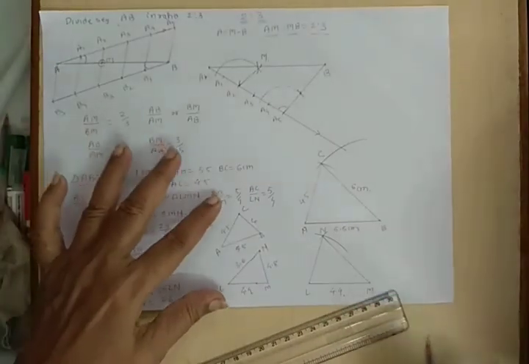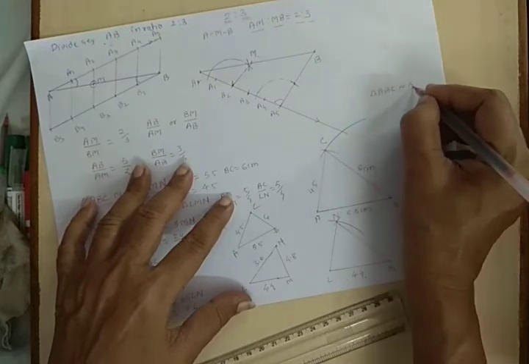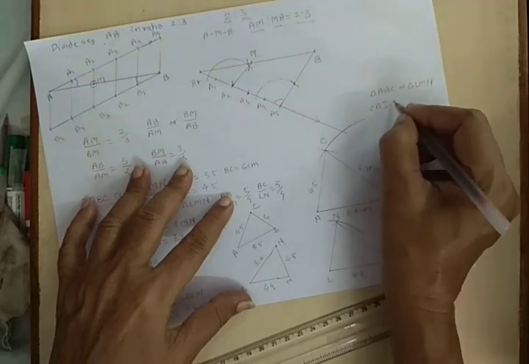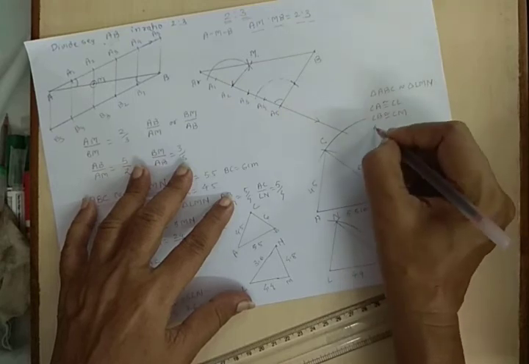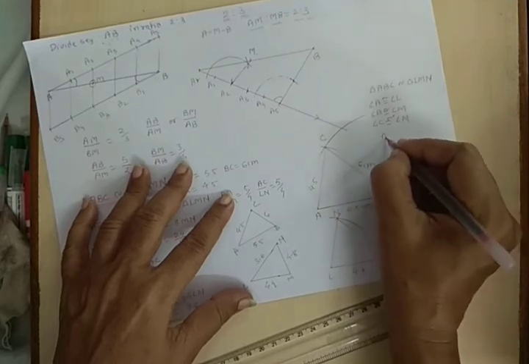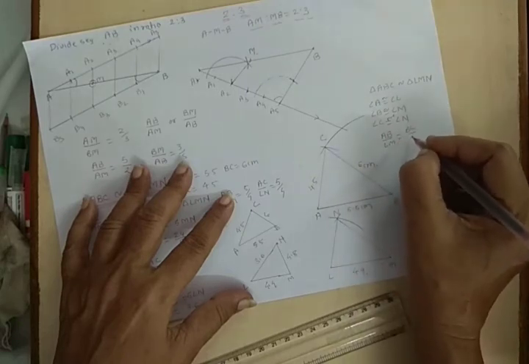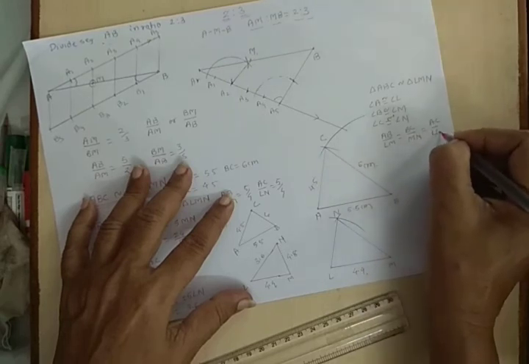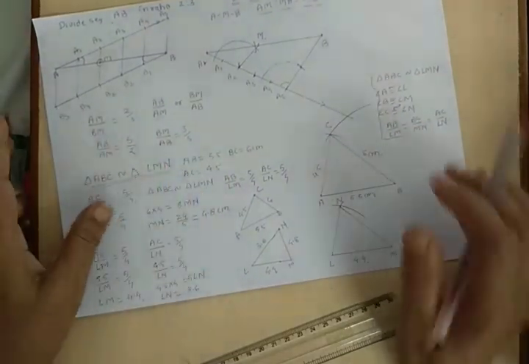We must remember, if triangle ABC is similar to triangle LMN, then angle A is congruent to angle L, angle B congruent to angle M, angle C congruent to angle N, whereas AB upon LM is equal to BC upon MN is equal to AC upon LN. These are the basic properties of similar triangles, and that we must learn.